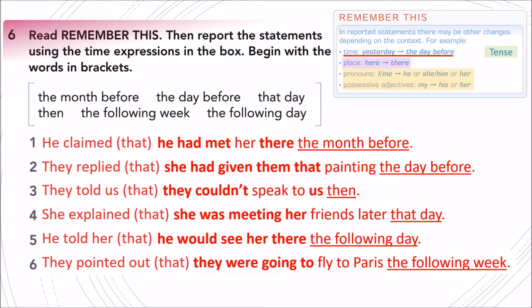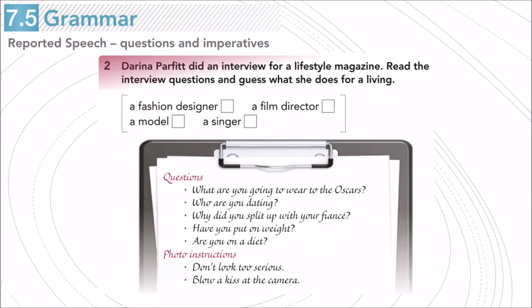Turn your book to Unit 7.5 and we'll look at the skills for reporting questions and imperatives. Imperatives means orders and instructions. Exercise 2 wants us to guess what Darina does for a living from the list of interview questions. We can see that she is asked about her dating life, also given instructions on how to pose in front of a camera.